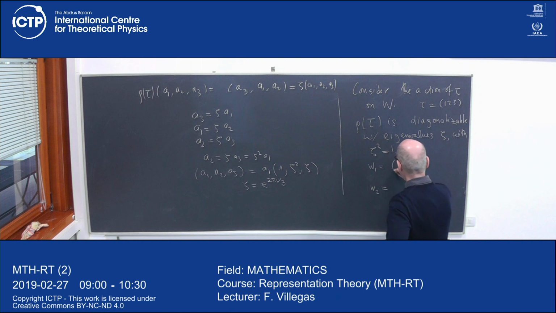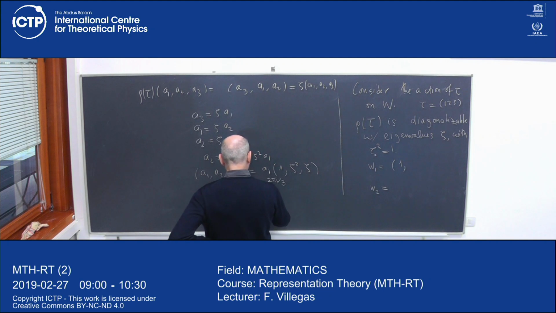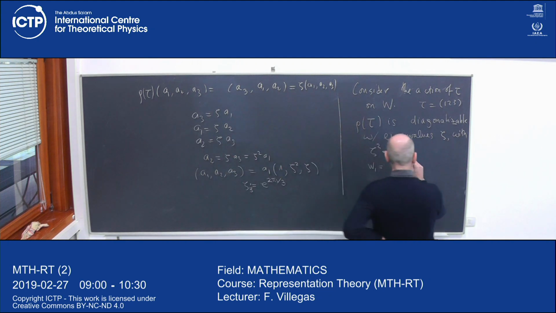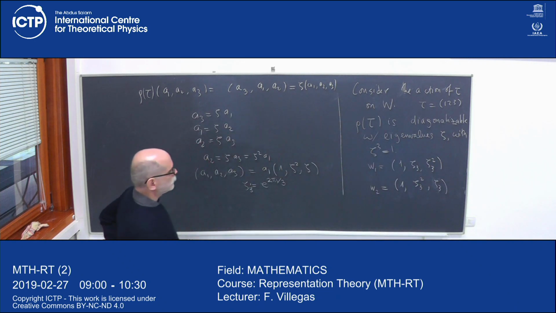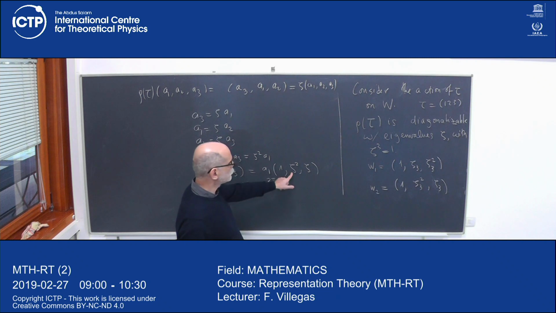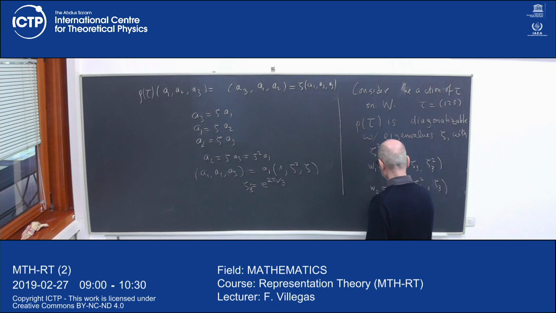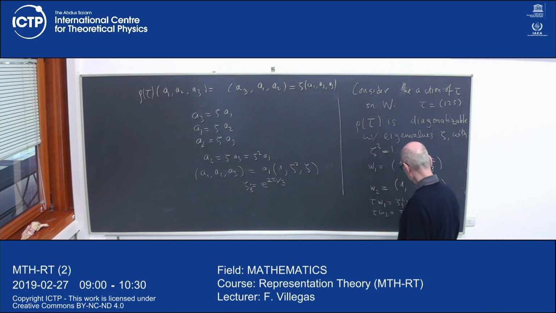So let's call this thing zeta 3. Then I have two vectors, by choosing zeta to be either zeta 3 or zeta 3 inverse, zeta 3 squared. And these two are eigenvectors, so tau of W1 is zeta 3 squared W1, and tau of W2 is zeta 3 W2.